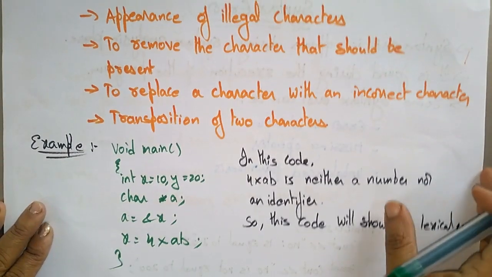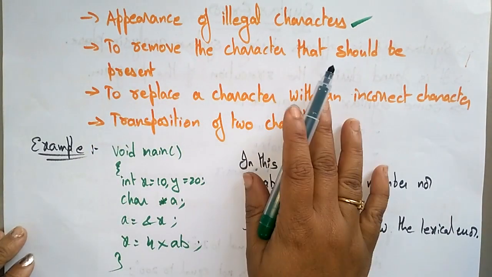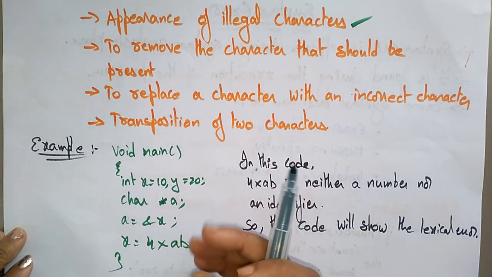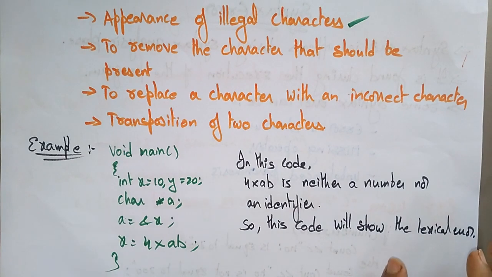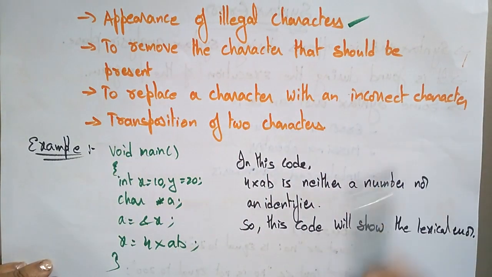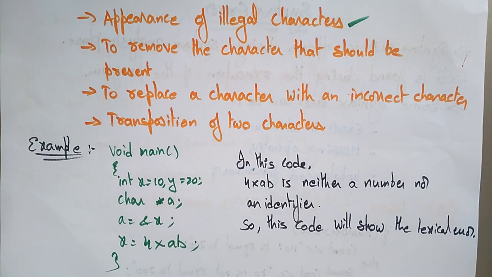Also the appearance of illegal characters, and removing a character that should be present. If you remove a character, a token mismatch occurs and a lexical error is found. Also replacing a character with an incorrect character, and transposition of two characters. These are the different lexical phase errors you come across while converting the sequence of characters into tokens.